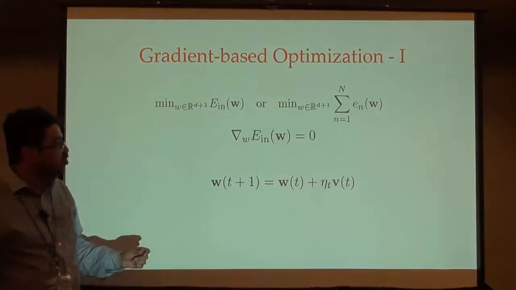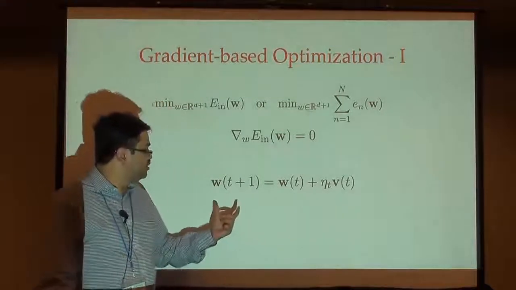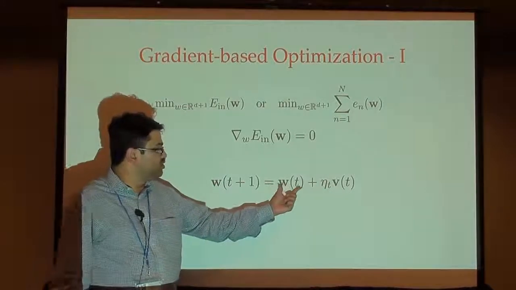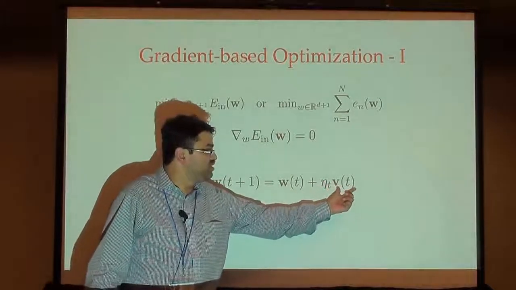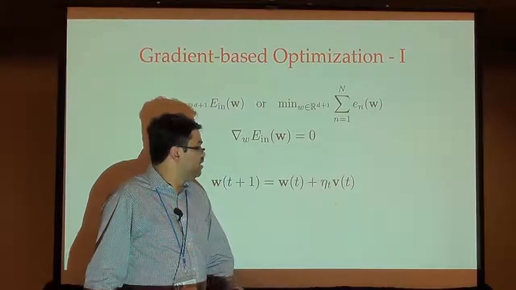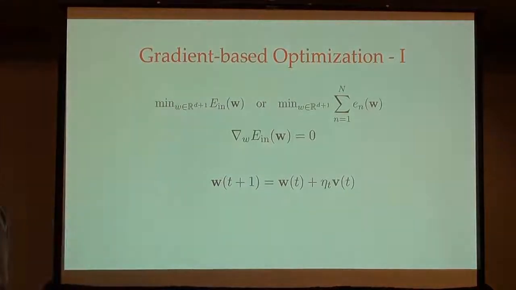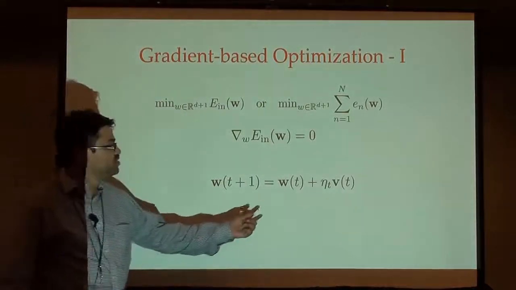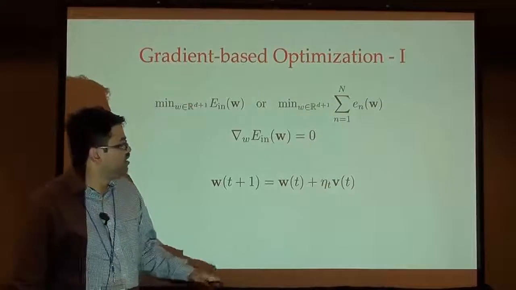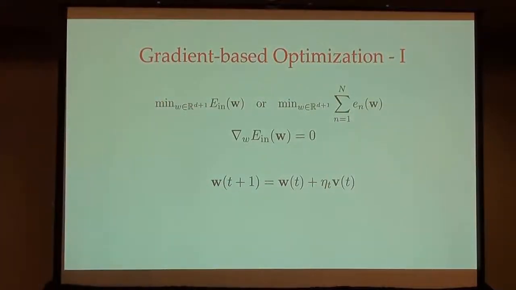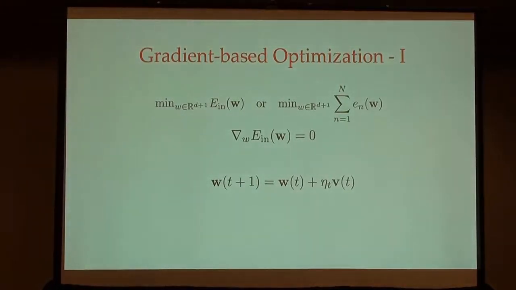The formula that I've written here says w_{t+1} = w_t + eta_t times v_t. This vector v_t is the direction of your search that you're computing, and eta_t is, in learning theory, called the learning rate; in optimization they call it step length. It is the same thing.